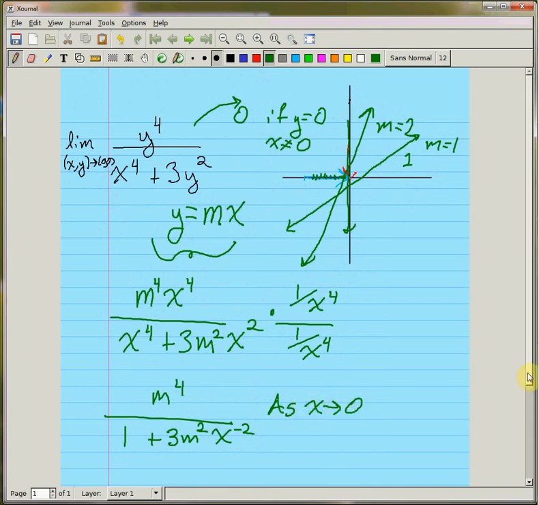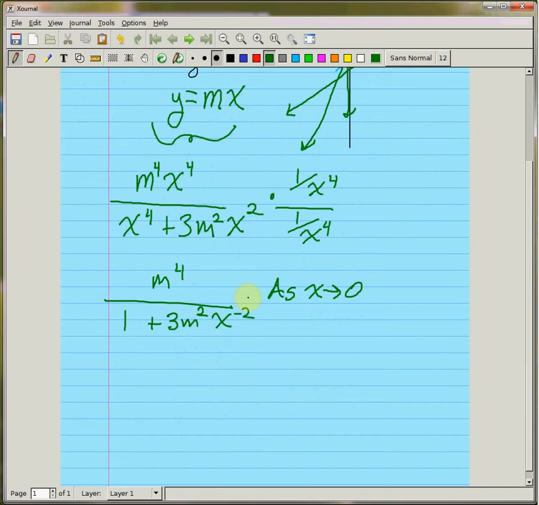So as x goes to 0, the thing that you really have to focus your attention on is this, which is 1 over x squared. And as x goes to 0, this thing becomes like 1 over 0, which is infinity. So as x goes to 0, this expression becomes like 1 plus infinity, which is still infinity. It becomes something like m to the 4th power over infinity, and that's just 0, right?